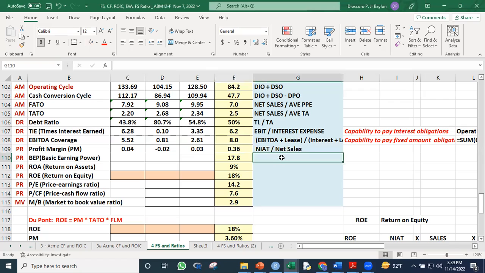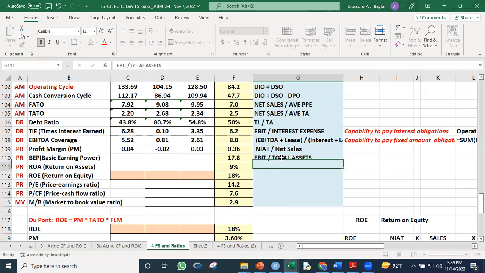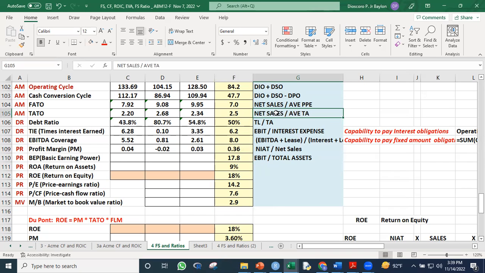Let's write that here. The EBIT. This is correct. EBIT over your total assets. So, similar siya dito sa Tato natin, di ba? Ang kaibahan lang, si Tato, it takes a look at your net sales. While si basic earning power, yung EBIT lang yung tinitingnan niya. Yung operating margin lang, yung operating profit.